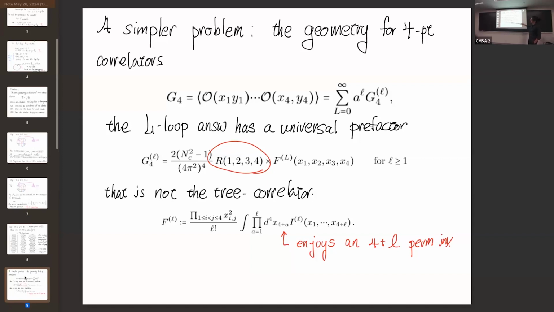So there are basically 4 plus L points inside this loop integrand. And the integrand that you get here actually enjoys a 4 plus L permutation symmetry.